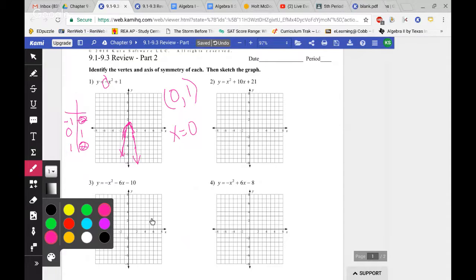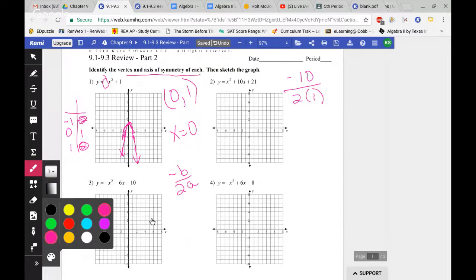All right, so the vertex and the axis of symmetry for number 2 would take. Are you feeling pretty confident about the -b over 2a? Yes. Okay, good. So the opposite of b over 2 times a.